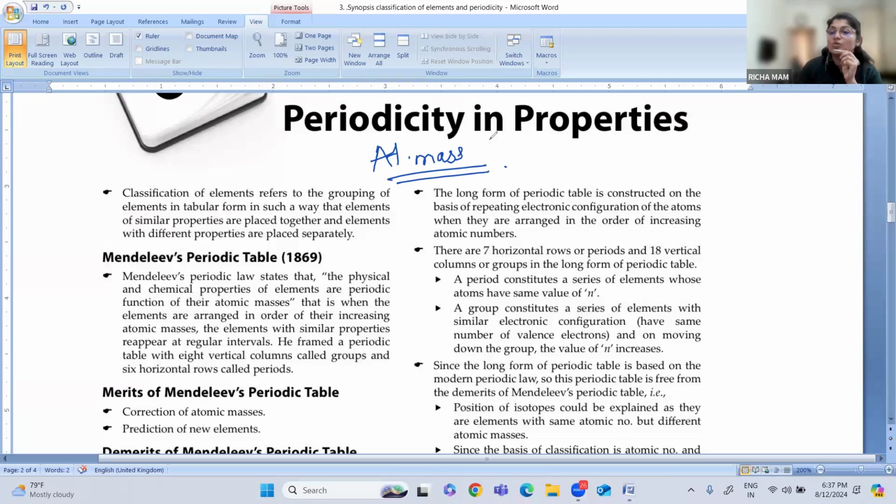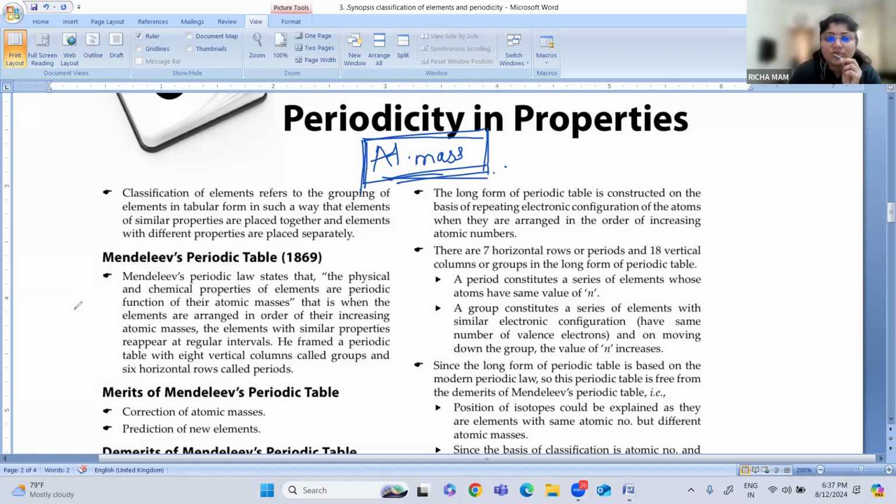Atomic mass means the weight of the elements. So he arranged the elements having similar physical and chemical properties with their increasing atomic masses.